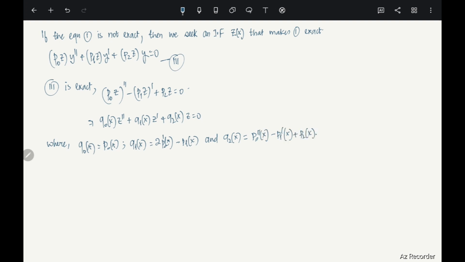Is this okay? You can just solve it, so please check this part. Now let's just call this expression 4. If you write this properly, please check this part also. 4 is equivalent to this system.